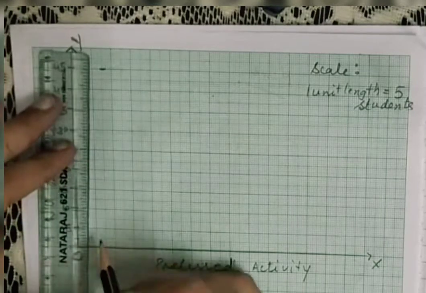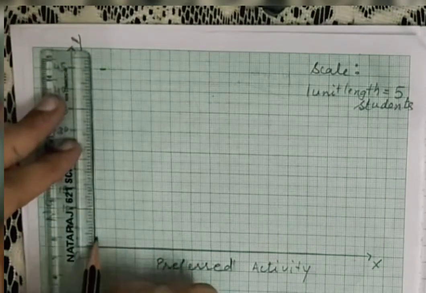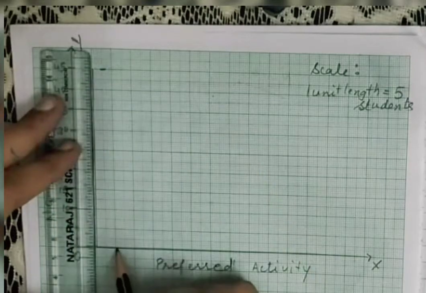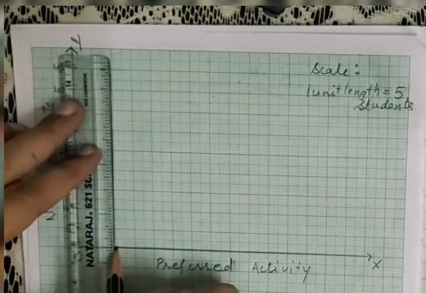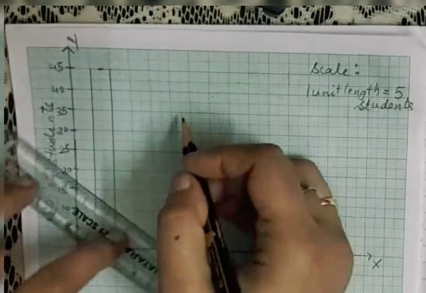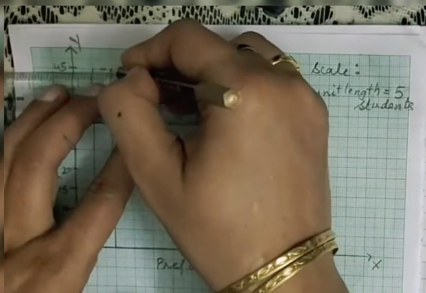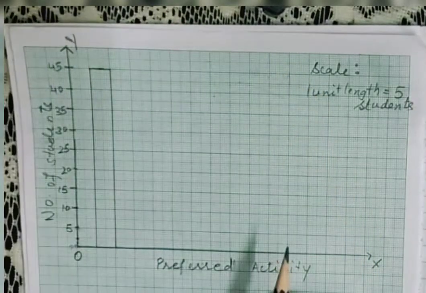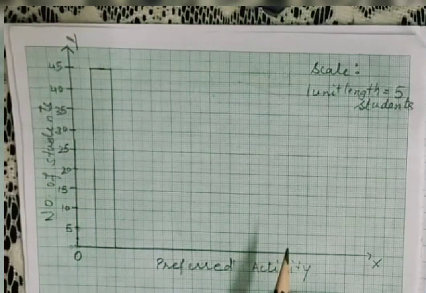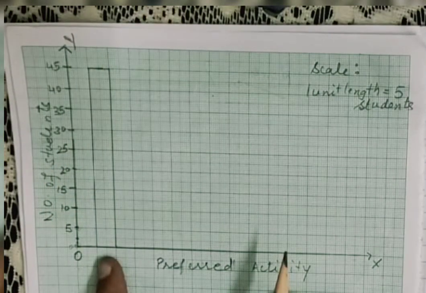So I am starting from here and drawing one line here. Second one I am going to start here and drawing one line here. Okay, and then like this. So here you can see this bar is being drawn for the students who are playing.